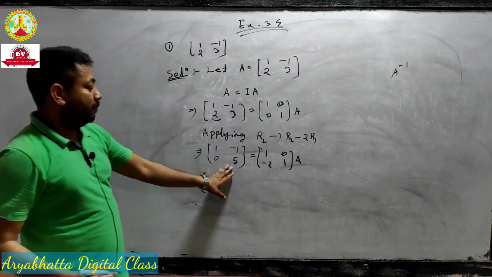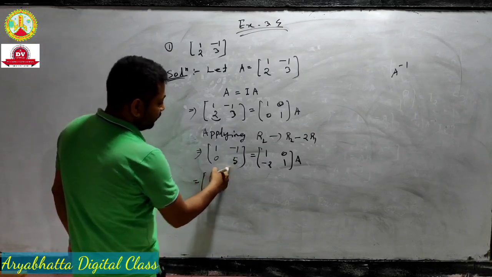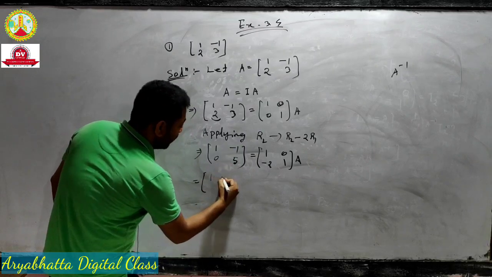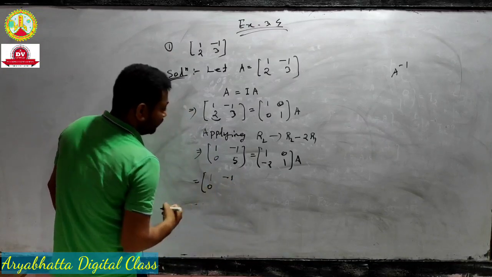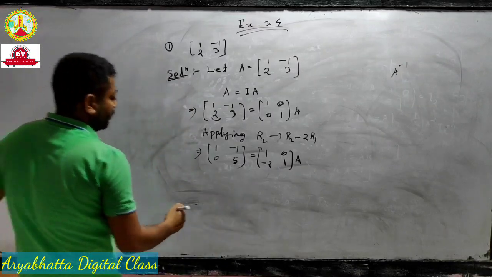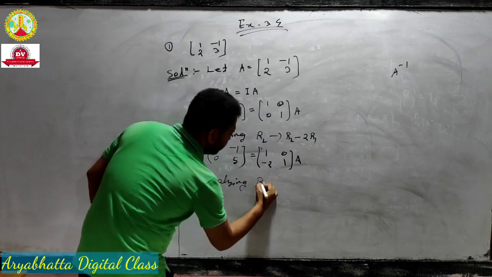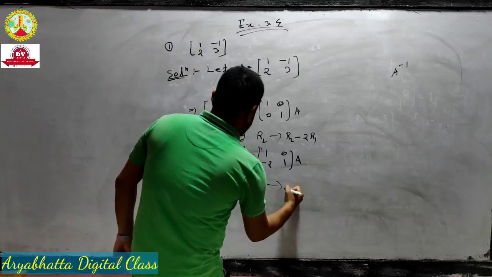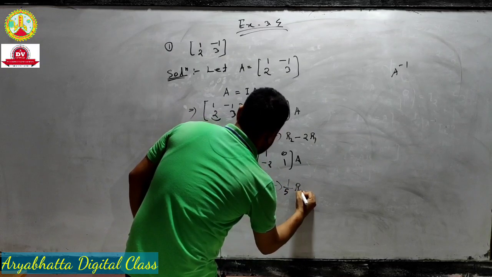Next, this element has to be equal to 1, so we apply R2 tends to 1 by 5 into R2.